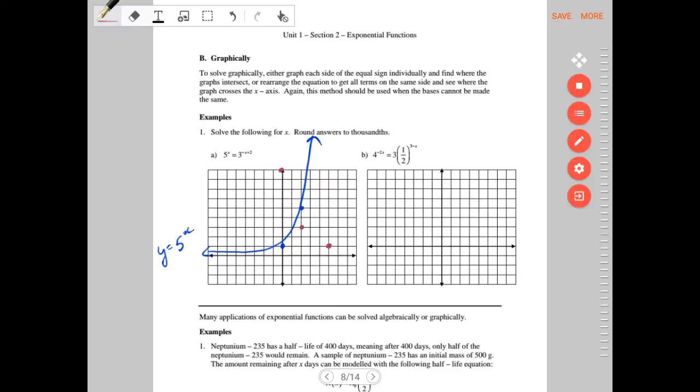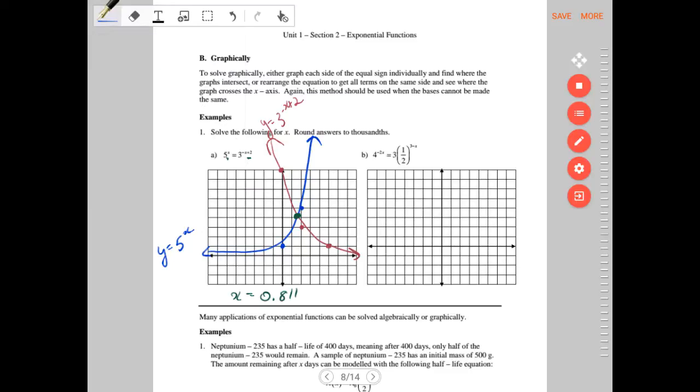Again, if you want to graph this on your calculator, make yourself a table of values to help figure out what points I'm plotting here. It's probably not a bad idea. So that's y equals 3 to the negative x plus 2. As you can see, they clearly intersect right here. So you can use your graphing calculator to find the intersection point, and that is at x equals 0.811, because remember we're solving for x, so you need your x value at that point. Awesome.